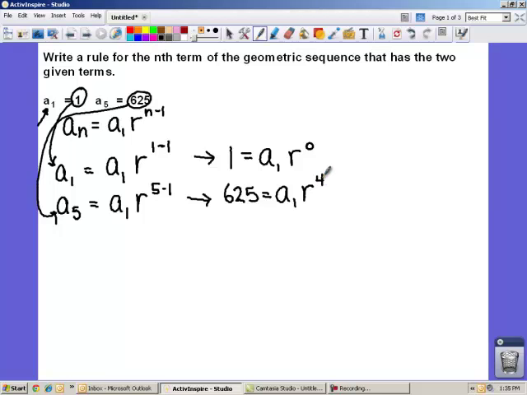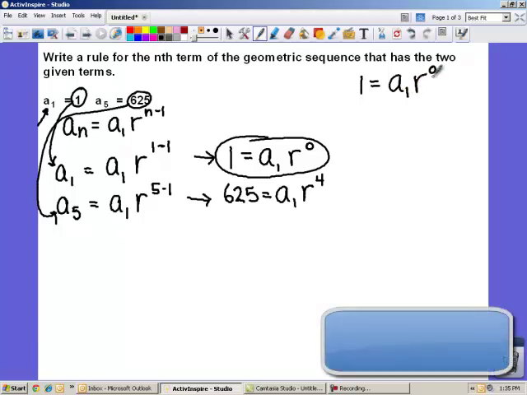Instead of doing the elimination method like we did with arithmetic, we're actually going to do substitution method. So we're going to solve for a to the 1st power here. So we're going to take this equation. And if I do the math, I'm going to do it over here. We want to get the a to the 1st power by itself.